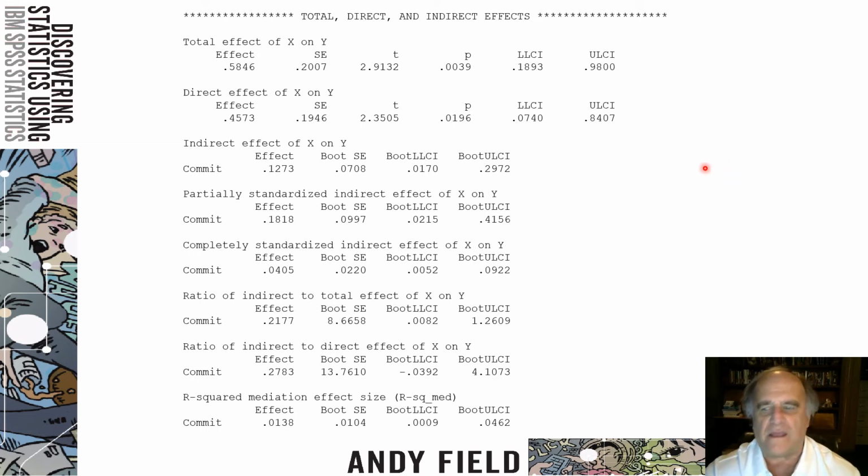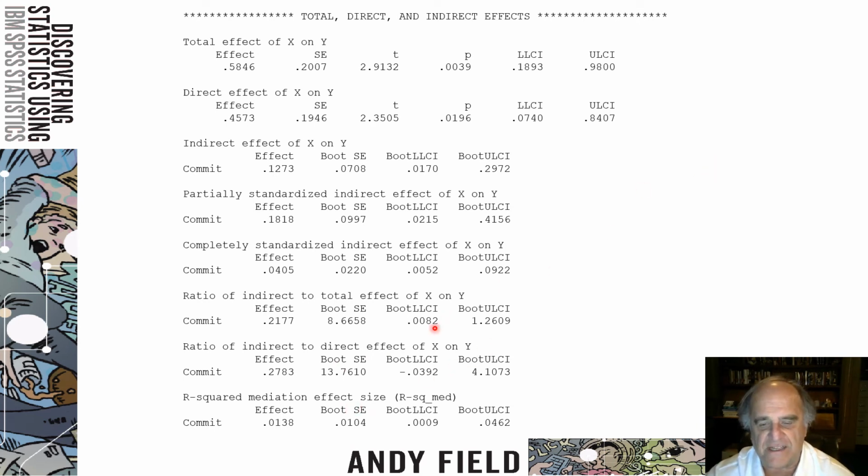And then, we went through some of these slides. They give you a number of other measures of the size of the effect: the partially standardized indirect effect, the completely standardized indirect effect, the ratio of indirect to total effect, the ratio of indirect to direct effect, and the R-squared mediation effect size.